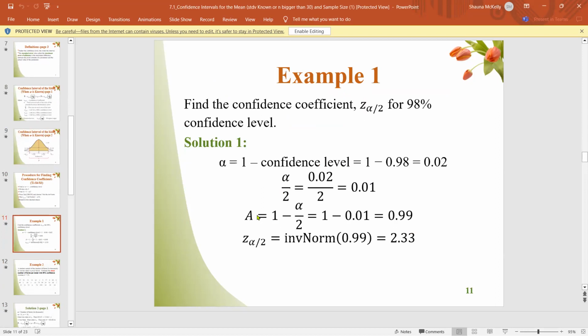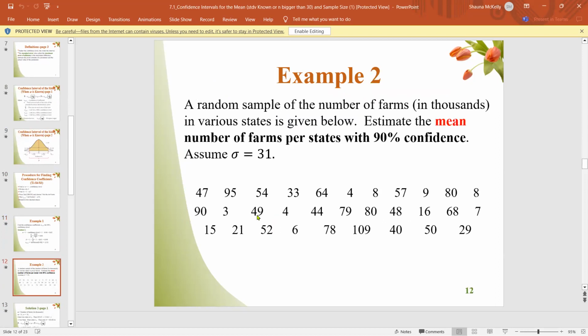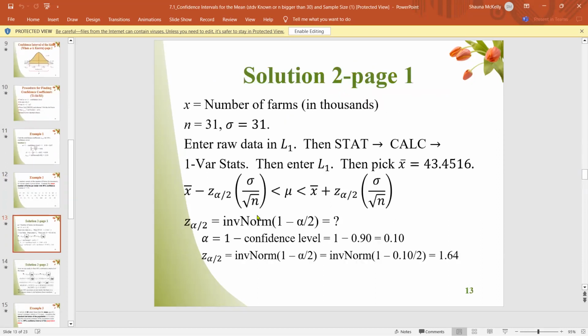Confidence interval. She gives you some confidence coefficient. There's your formula: X bar minus Z of alpha over 2 times sigma over the square root of n.